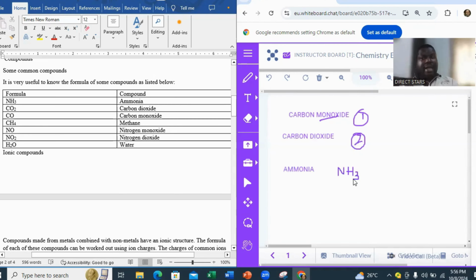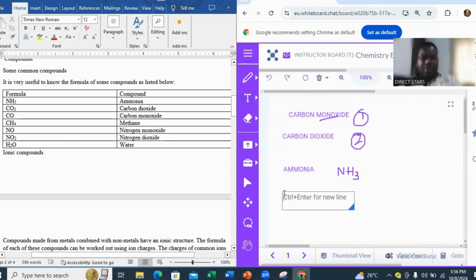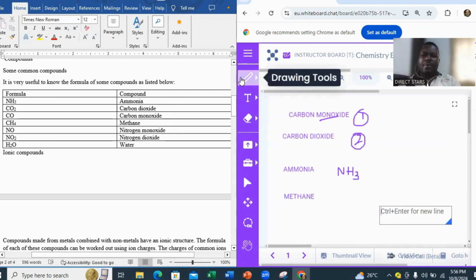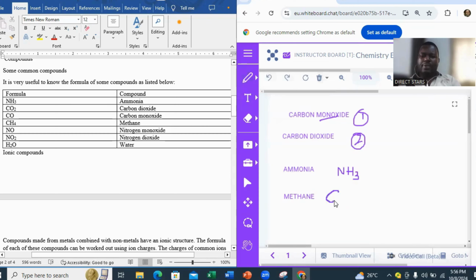Other examples like cyanide, which is just a compound containing carbon and nitrogen. We have methane, which is an organic compound. Methane is a compound that has carbon and 4 atoms of hydrogen.